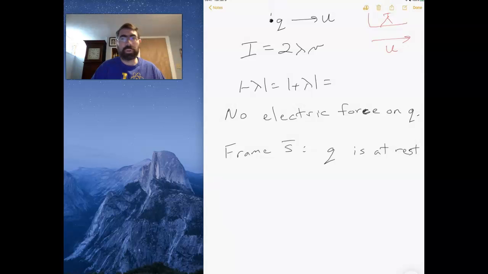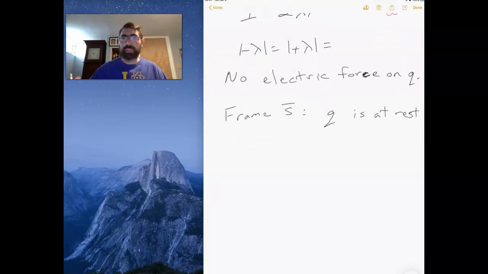But then we can ask, what is the observation of frame S bar of the lines of charge? Because they're moving at different velocities with respect to the point charge. So we can look at the velocity measured by S bar, the velocity plus and minus, where the plus is for the positive line charge and the minus is for the negative line charge.